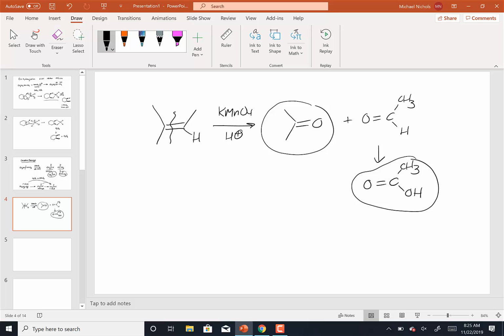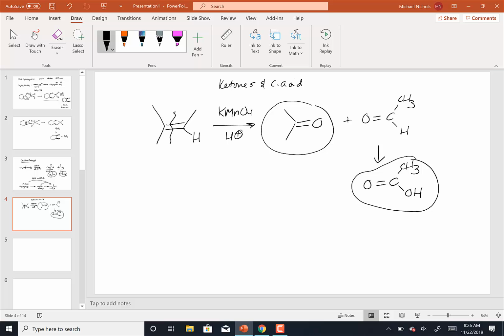So oxidative cleavage is a two-step process. Cleave and then check for the aldehydes. Now ketones cannot be further oxidized. So when you make a ketone, it's done. So oftentimes you'll see, and you'll see in my notes, not the notes that go with the video online, I'll say KMnO4 and acid will make ketones and carboxylic acids.